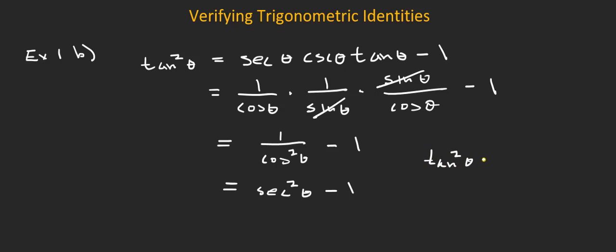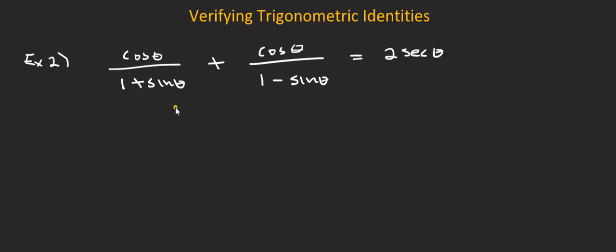Tangent squared theta plus 1 is equal to secant squared theta. So, indeed, tangent squared theta is secant squared theta minus 1. Therefore, this is the same thing as tangent squared theta, and we verify that these two are equivalent.